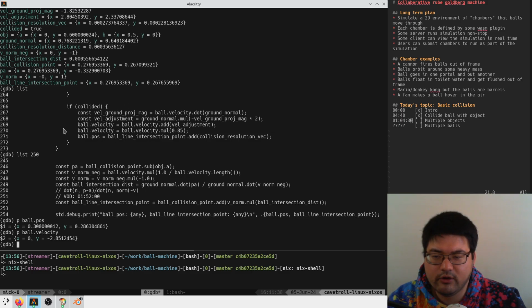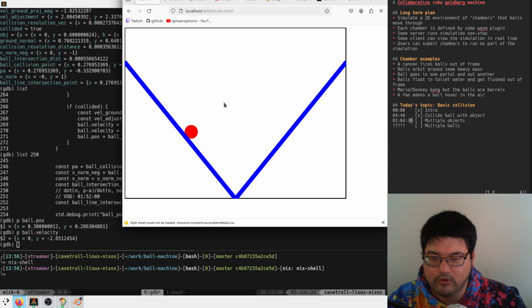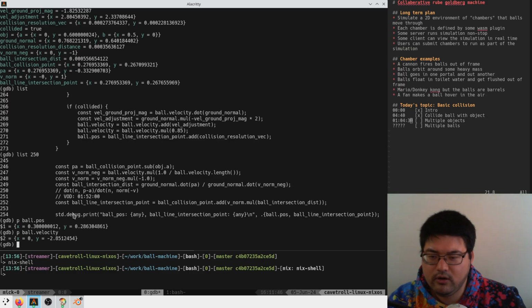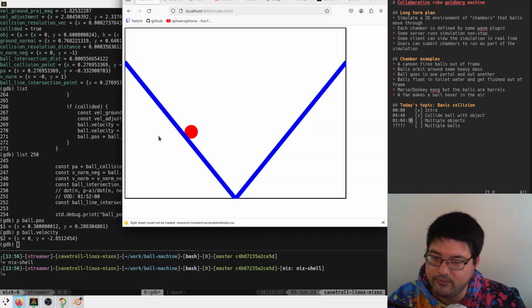Ball velocity dot ground normal. So this is the ground normal, up and to the right. The velocity is down here. Okay. Ball velocity is added to the velocity adjustment. The velocity adjustment is from the normal.